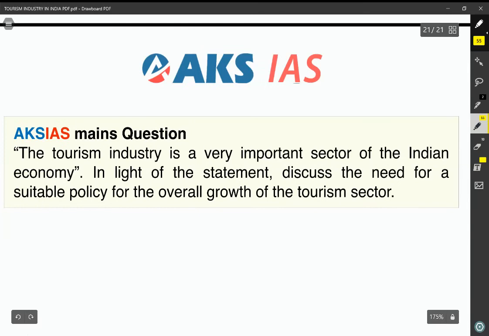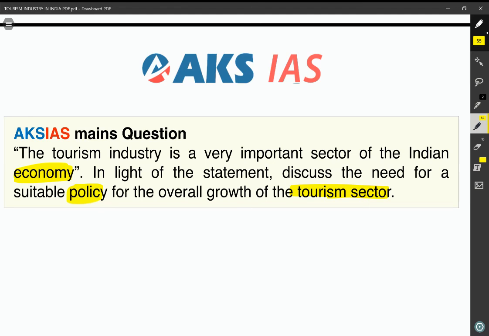So the practice question for you is: the tourism industry is a very important sector of the Indian economy. In the light of the statement, discuss the need for a suitable policy for the overall growth of the tourism sector. So, to answer this question, you have to try to first introduce how tourism sector plays an important role, or what is the potential that it could have for the overall economic development.